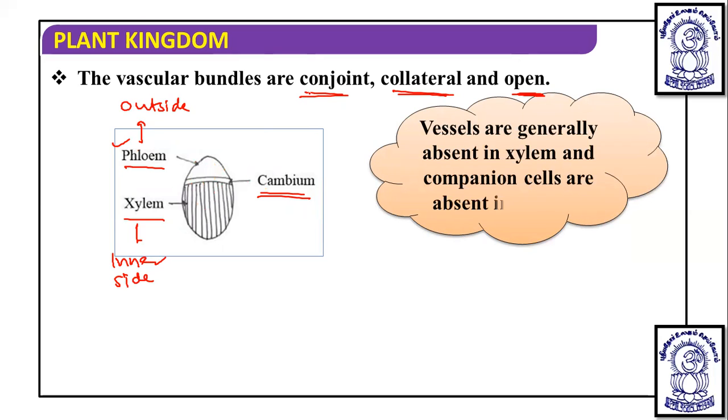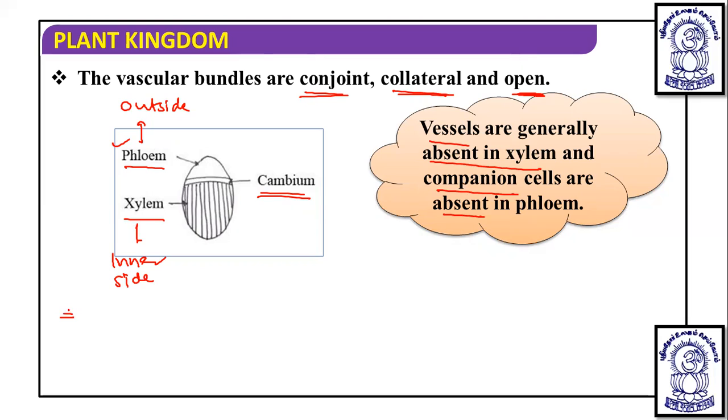In the conjoint collateral open vascular bundle, if we talk about the xylem and phloem, vessels are generally absent in the xylem, and companion cells are absent in the phloem.